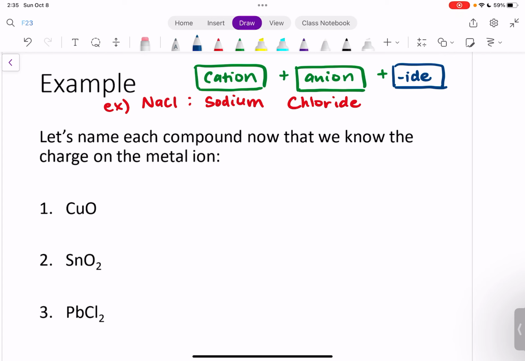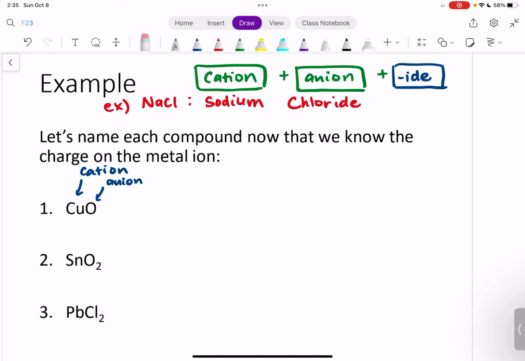So for this first one, copper is a transition metal. It's also a metal, right? So remember, metals usually form cations. So this one's going to be our cation. And this one's our anion.